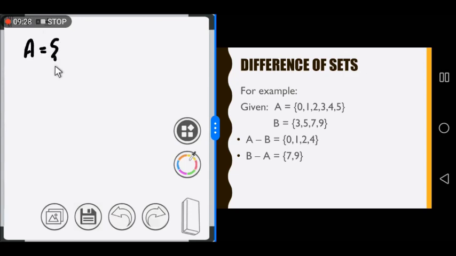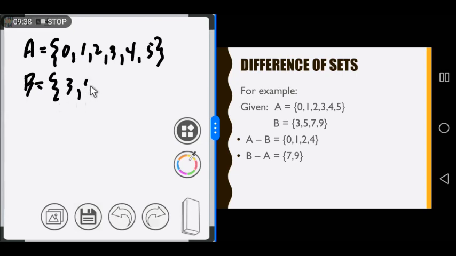Set A, 0, 1, 2, 3, 4, 5. Then, set B has elements 3, 5, 7, and 9. No, ang parehas lang naman sa kanila ay 3 at 5. So, kapag sinabing A minus B, anong matitira sa A? We have 0, 1, 2, 4.